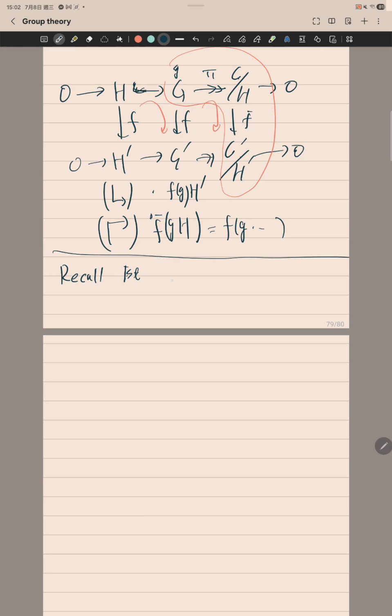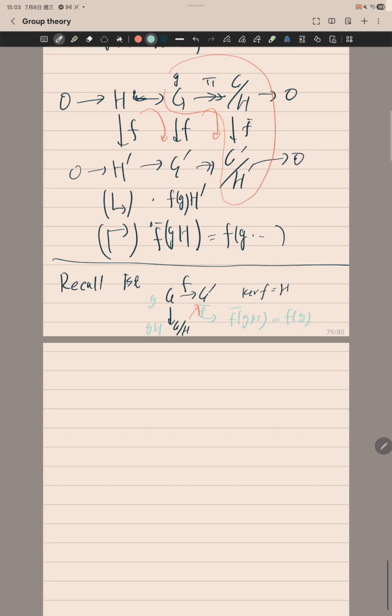The first isomorphism theorem says that if I have a map f from G to G prime, and if the kernel of f is H, then by the first isomorphism theorem there will be a map from G quotient H, and this f bar from G quotient H will just be defined as f bar(gH) = f(g). Okay, good.